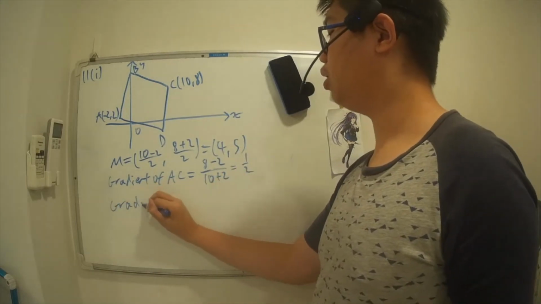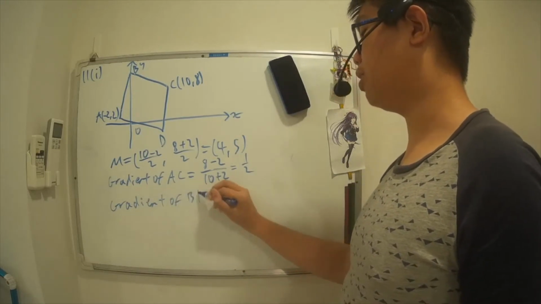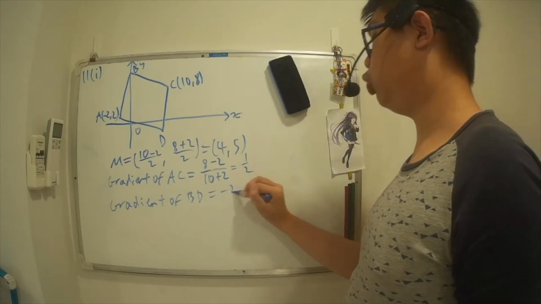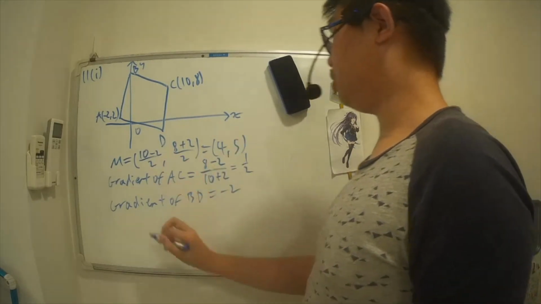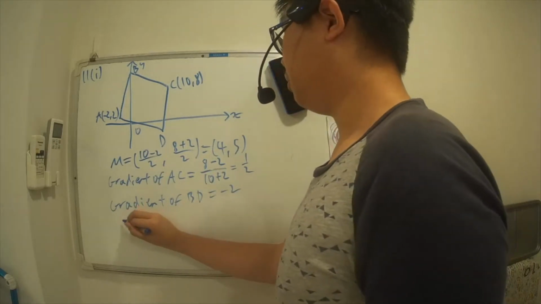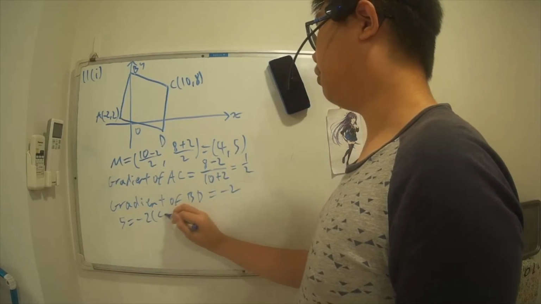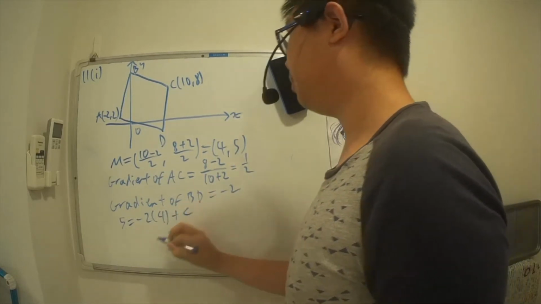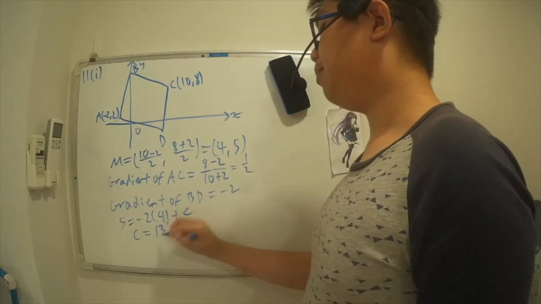The gradient of the line BD will therefore be the negative reciprocal, so this is -2. Okay, we have ourselves a point that we can use, so 5 will be equal to -2 times 4 plus c, and c is equal to 13, right?